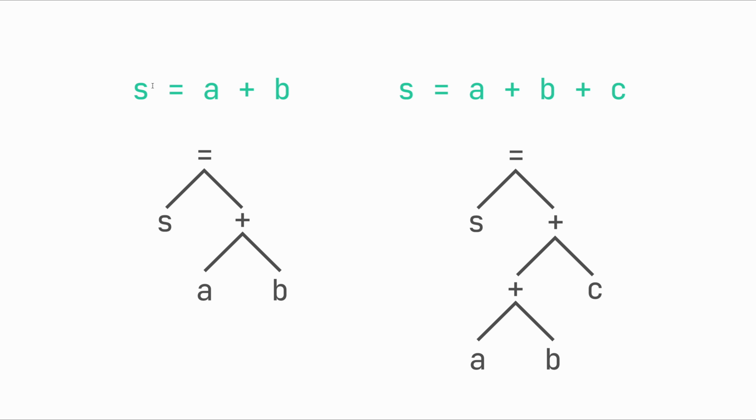The outer shape is no longer a summation, but it is now an assignment, as you can see here. S equals, and then we have the sum of a plus b. In here we have s equals the sum of something with c, and then the sum of this something is again a sum, a plus b. And as you can see, this abstract syntax tree is no longer a subtree of this one.